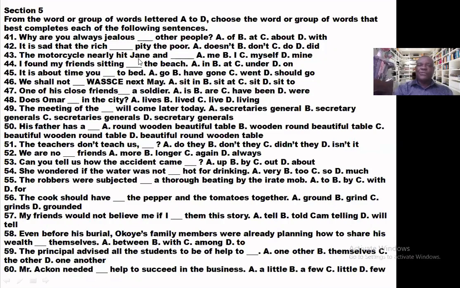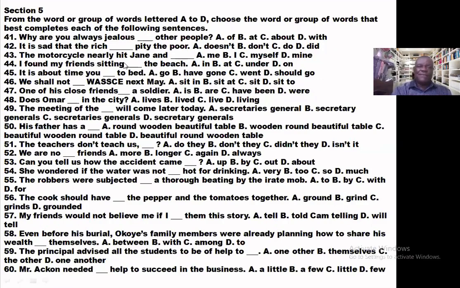To confuse you, the examiner put Jane and dash, because people usually say Jane and I, but that doesn't apply here. You can say Jane and I were nearly hit by the motorcycle. But if you are saying the motorcycle nearly hit Jane and me, that's the correct form.